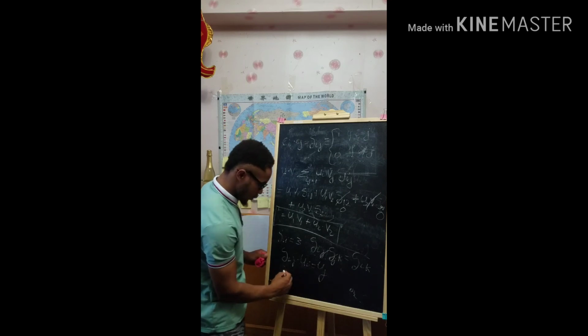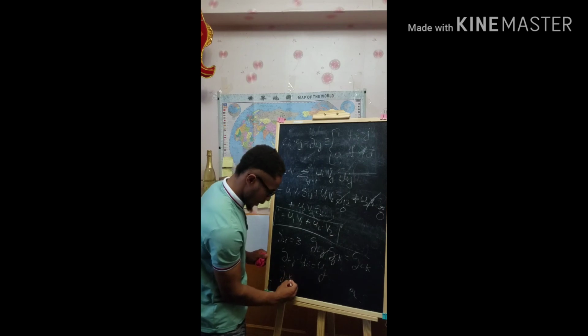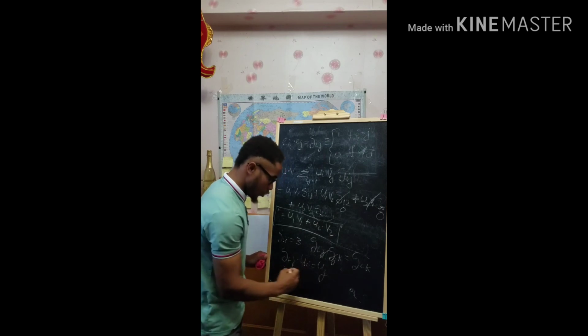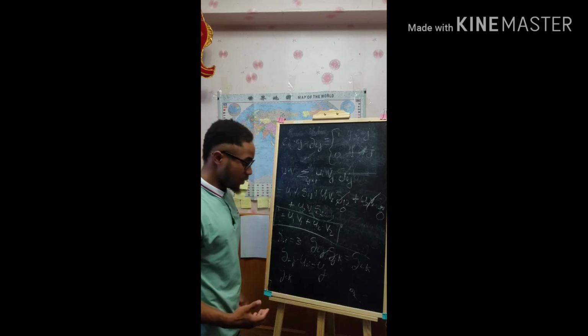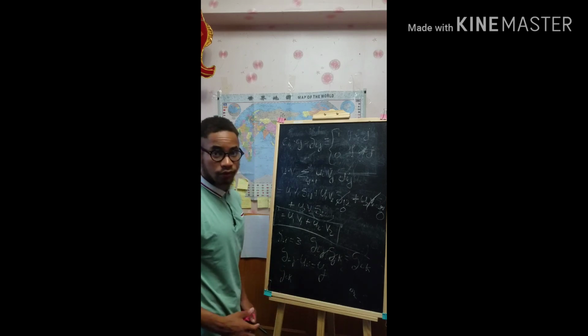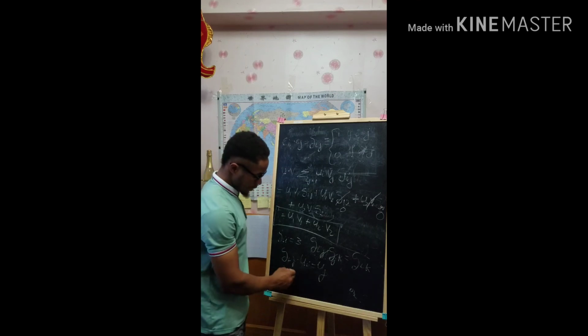Simply that the Kronecker delta also serves as a replacement operator. Okay, that is very important.